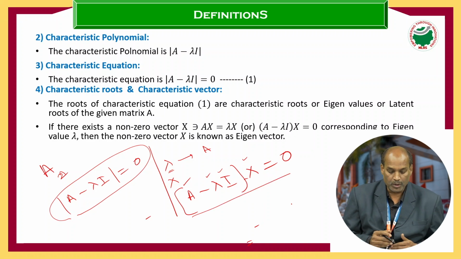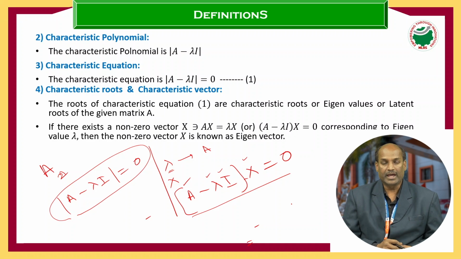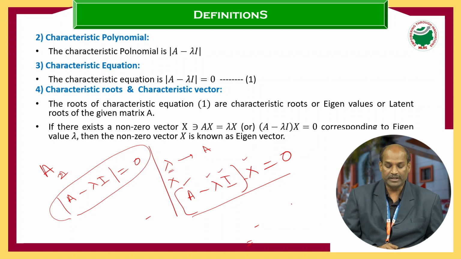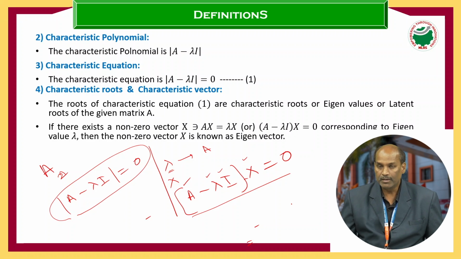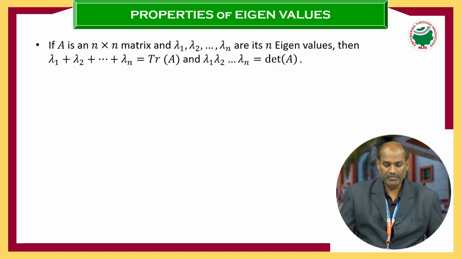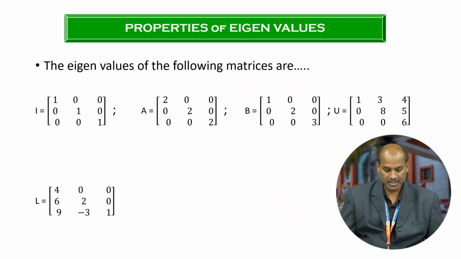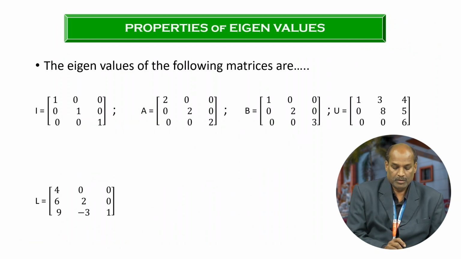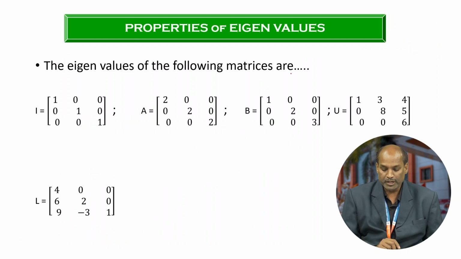Now we know how to determine the characteristic roots and characteristic vectors of the given matrix. That we will discuss by solving one problem. Before that, we talk about the properties of eigenvalues. Now see this example: the eigenvalues of the following matrices.